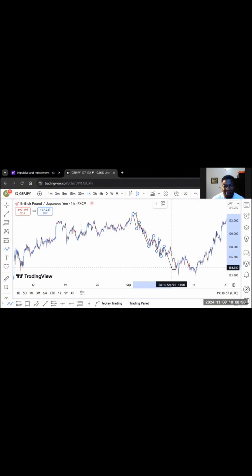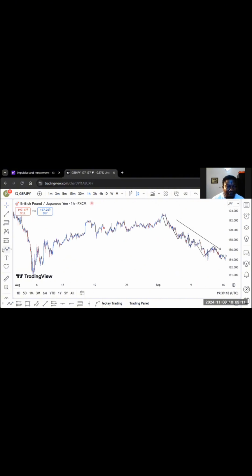Whenever the market is making a series of lower lows and lower highs, then we can see that the market is clearly in a downtrend. And all we're going to be looking for during this period is to sell. We'll be looking to sell here, okay? Because you can see that the sells were more than the buys. Same thing applied to this place, okay?